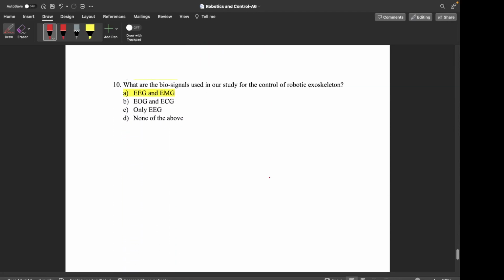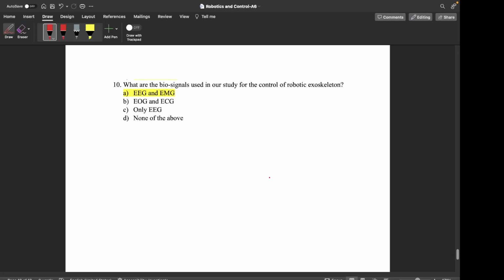And finally, we have again a straight question from the lectures: what are the biosignals used in the study for the control of a robotic exoskeleton? In the last few slides, you might have seen that we are trying to control the exoskeleton from the signals from our muscles basically.